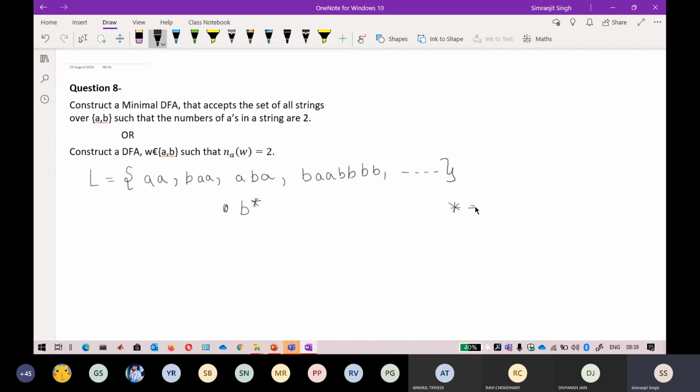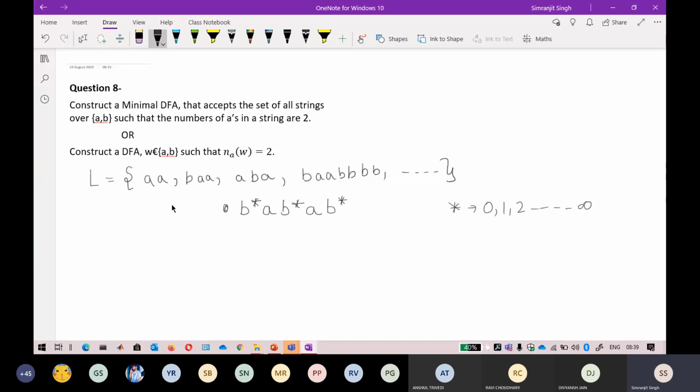If you remember the star from the first lecture, it can be any number, so it is like an infinite thing. So b can come an infinite number of times and I do not need to worry about it. But a should come, and after a, again b can come any number of times, and after this a, b can again come any number of times.